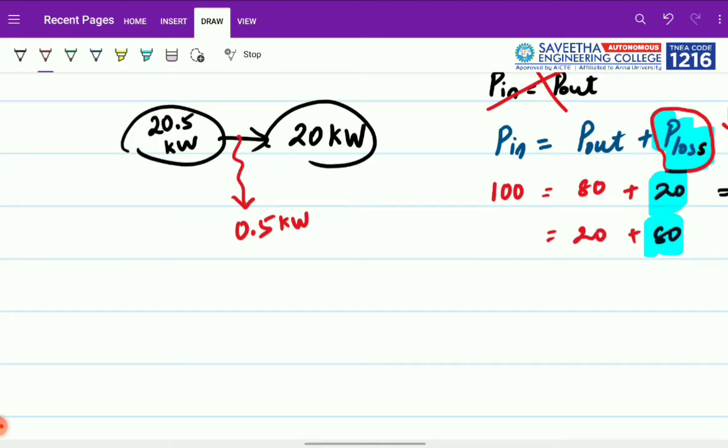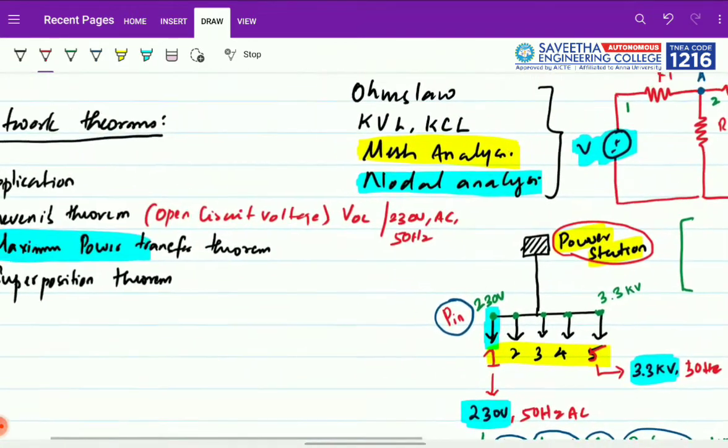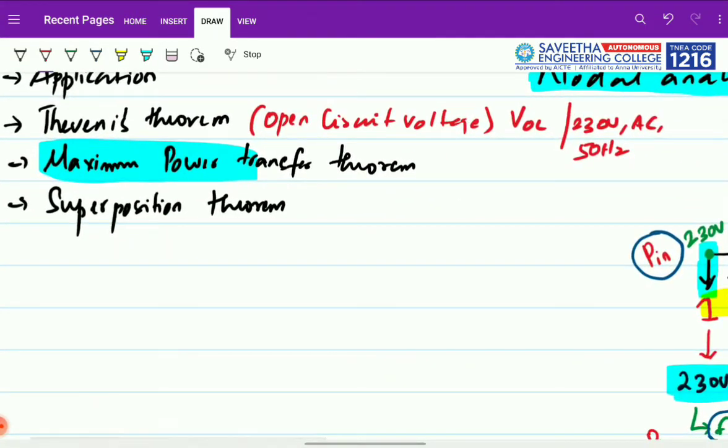This is how I have to think. So in the maximum power transfer theorem, we will study how the circuit should be designed to consume the maximum power from the input. That is all about maximum power transfer.